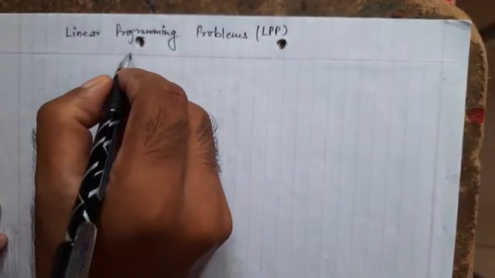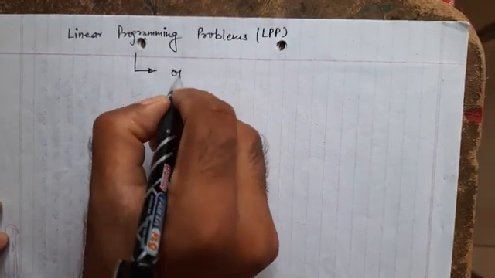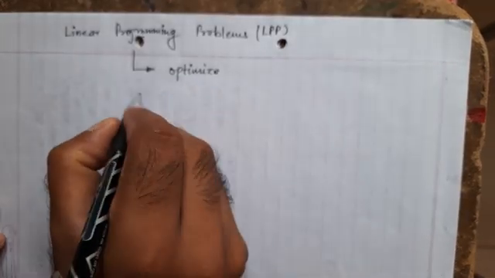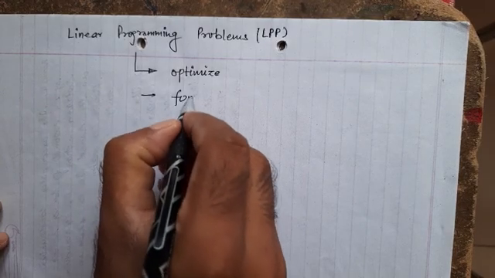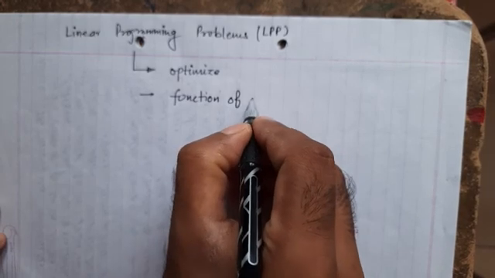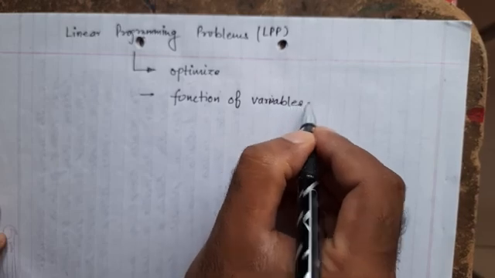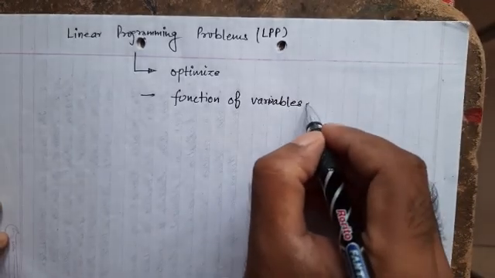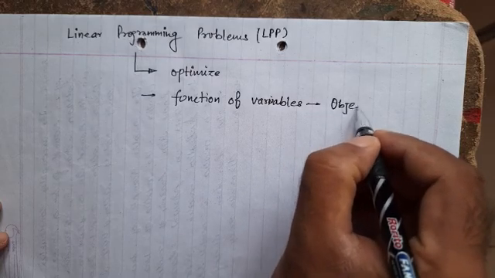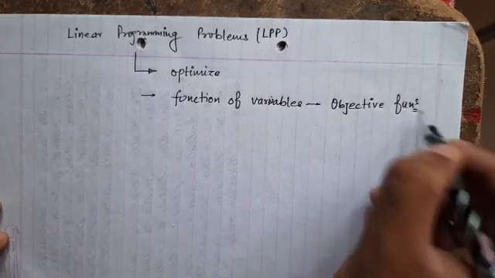So this linear programming problem optimizes a function of variables, and this function of variables we generally call the objective function.